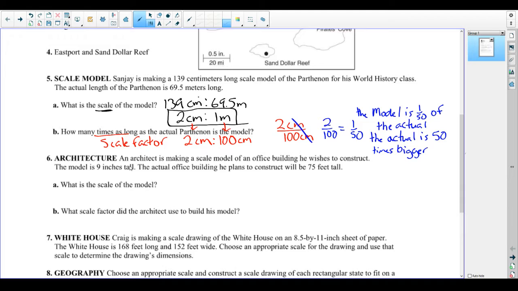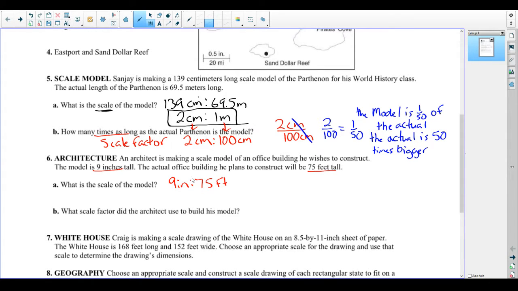All right, number 6, architecture. Scale model of an office building. The model's 9 inches tall. The actual office building planned will be 75 feet tall. So here are our two numbers, 9 inches and 75 feet. If we just want the scale of the model, that's just the ratio. So it's 9 inches to the actual 75 feet.